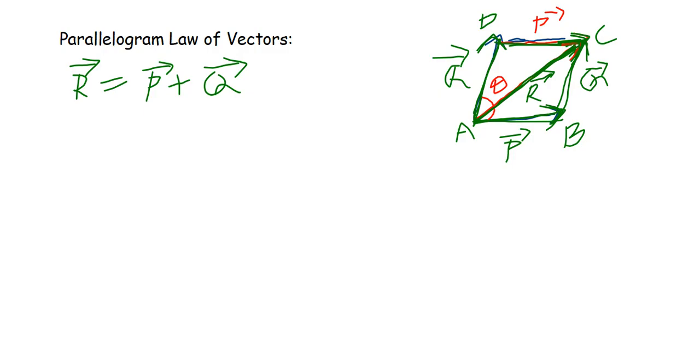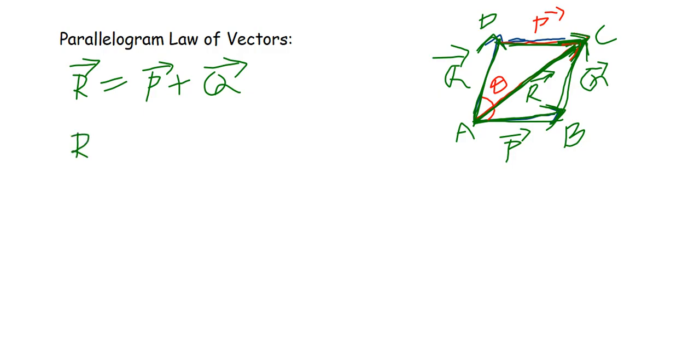Where is this R bar? R bar is the diagonal of this parallelogram and is passing through the origin of these two vectors. So what is the magnitude of this resultant vector?